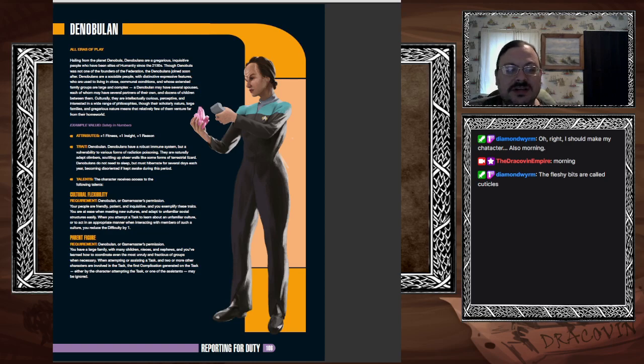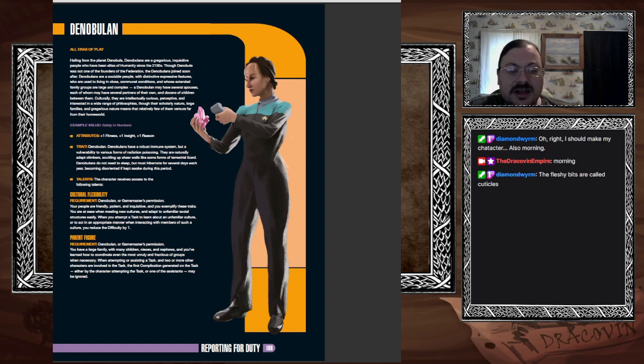Cultural flexibility is one of their abilities, as is parent figure. Cultural flexibility is adapting to cultures very easily because of their scholarly knowledge and their adaptable nature from having these massive communities of extended families. When you're learning about an unfamiliar culture, it makes it easier.